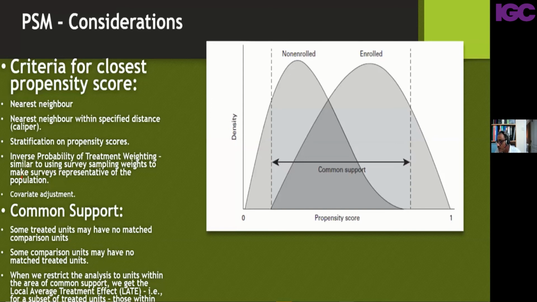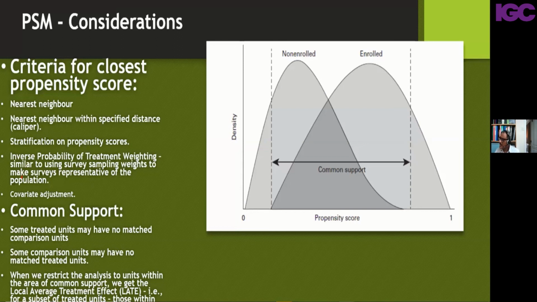So we use weights in such a way that the average characteristics for the treatment group and the observed group will turn out to be the same. So it makes the treatment group and the participant, the non-participant group, very similar in terms of their characteristics.